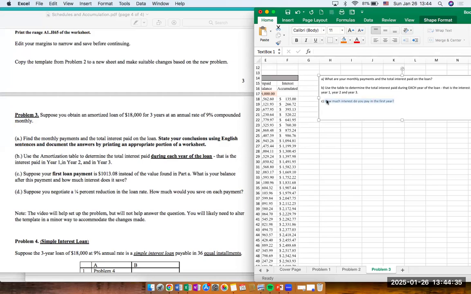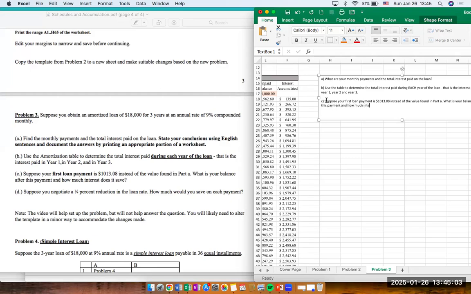there's 4 parts in this problem. Suppose your first loan payment is 101308 instead of the value found in part A. What is your balance after this payment?